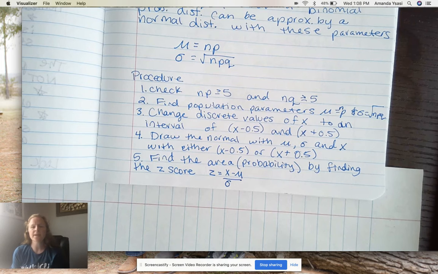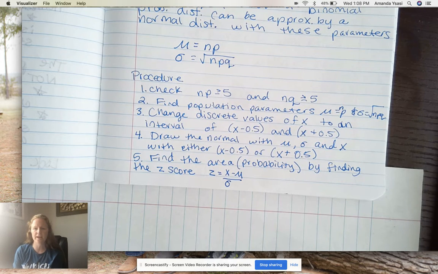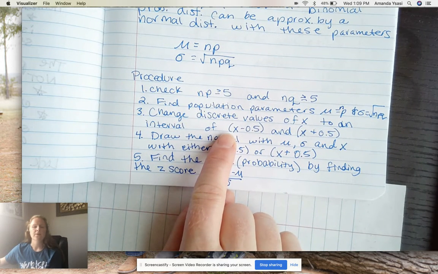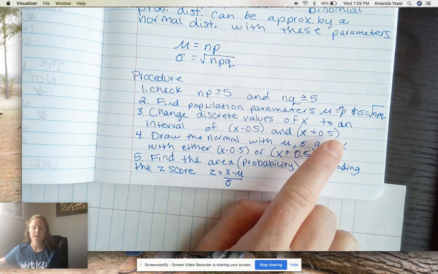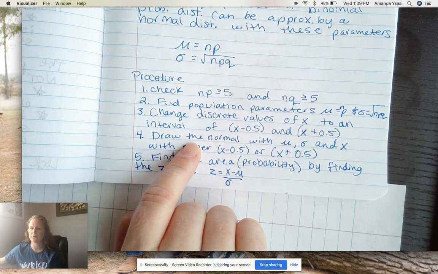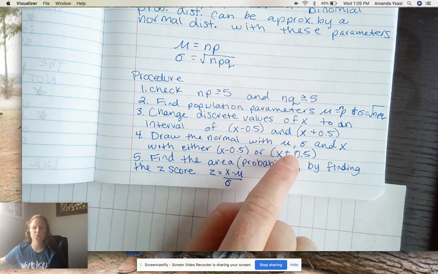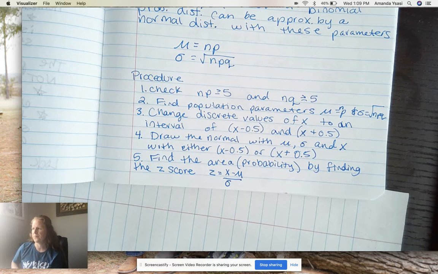Then number 3 is change discrete values of x. Remember, x is what we're trying to find the probability of. We're going to change x into an interval: x minus 0.5 and x plus 0.5. Then you're going to draw your normal curve with the mu, and with x being 2 spots, and you're going to pick the one that I'm going to explain in the next page.